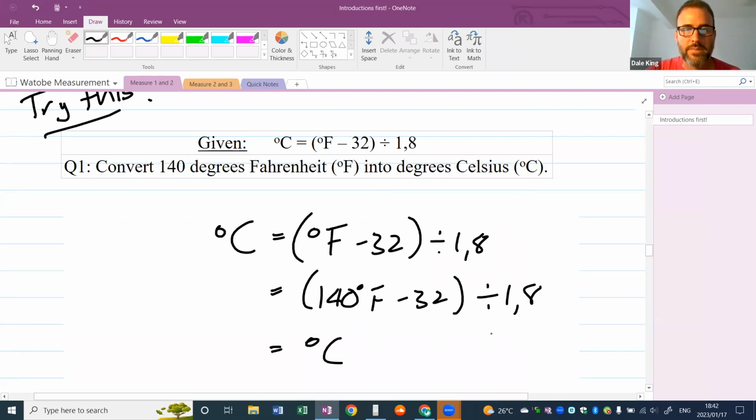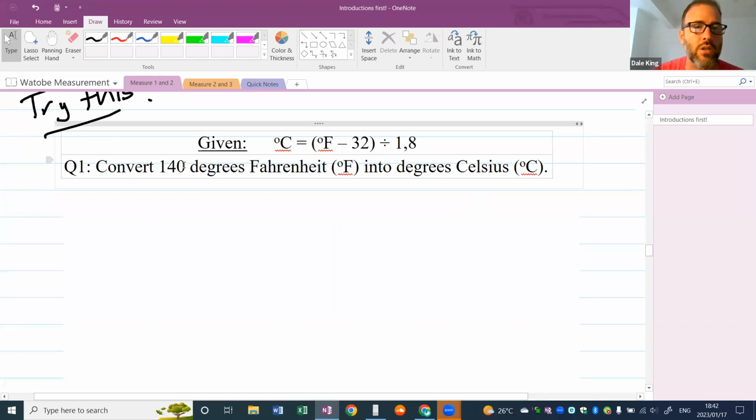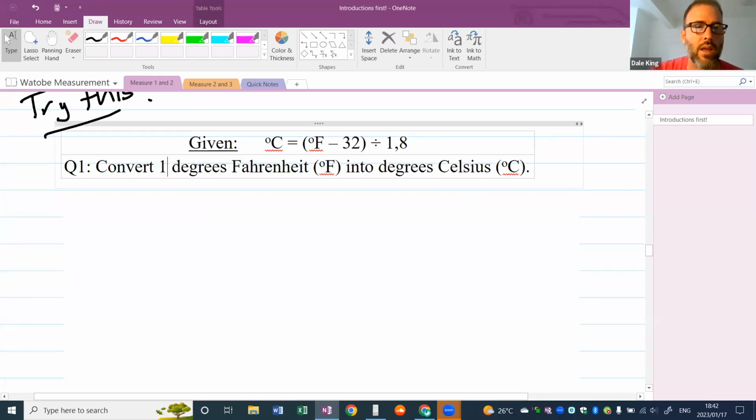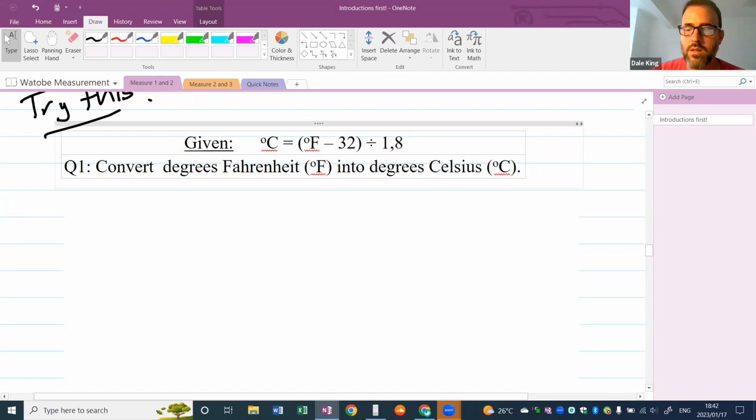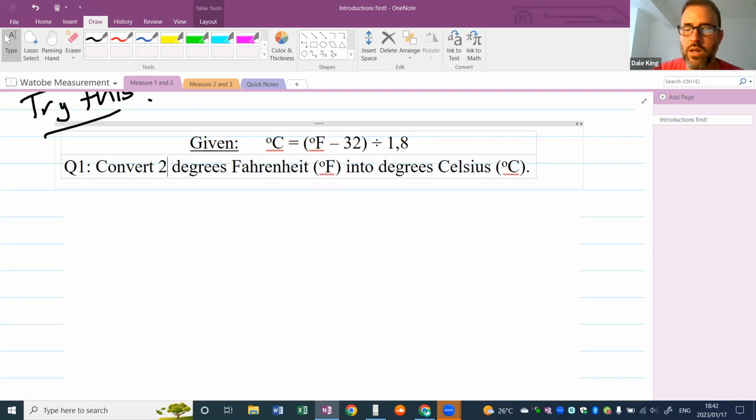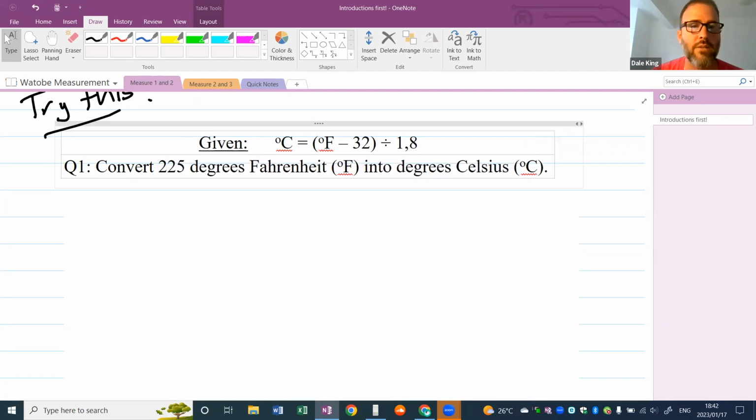Now, I'm going to do a quick example here. All I'm going to do is ask you to say, what is 225 degrees Fahrenheit in degrees Celsius? Let's see in the chat who can give us the answer for 225 degrees Fahrenheit, converting it to degrees Celsius.